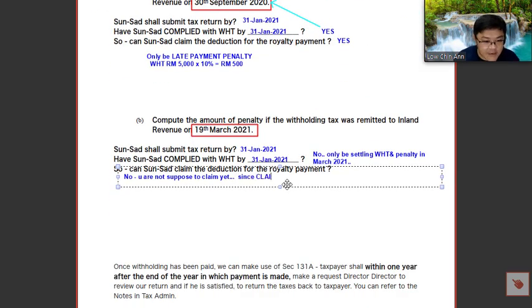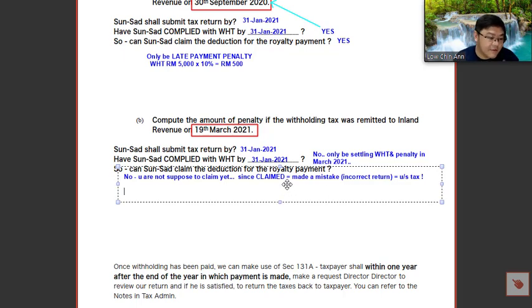So since you have claimed, the government will say that you have made a mistake. We call this an incorrect return. That means you have understated your tax. Now, how much tax have you understated? You think and see.